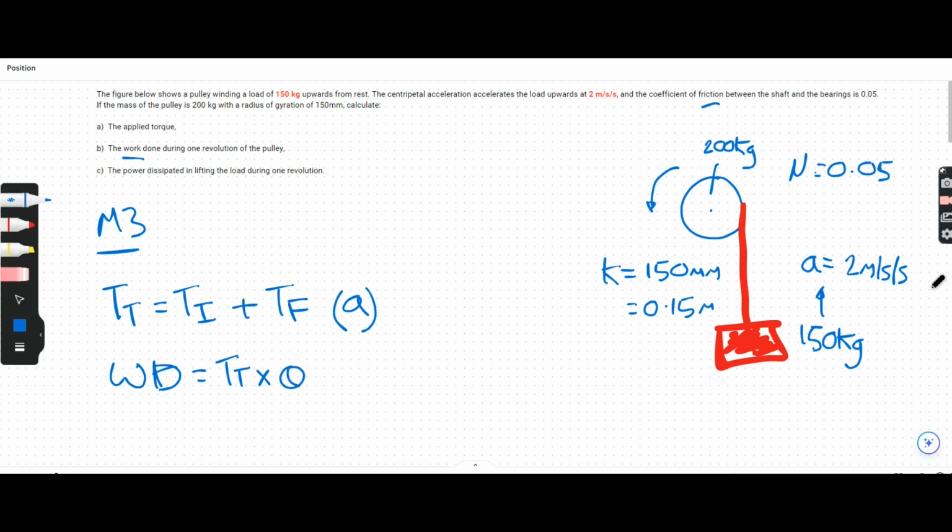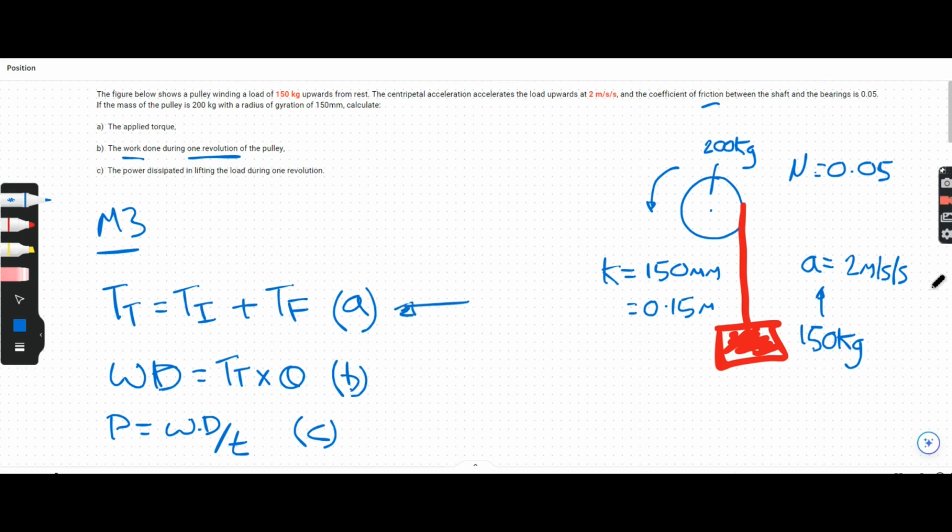We're going in 1 revolution, so that's our angular distance. That's part B. Part C is the power, and power is work done divided by time. We might have to work the time out. The hard part, or the long part, is this bit here, really.